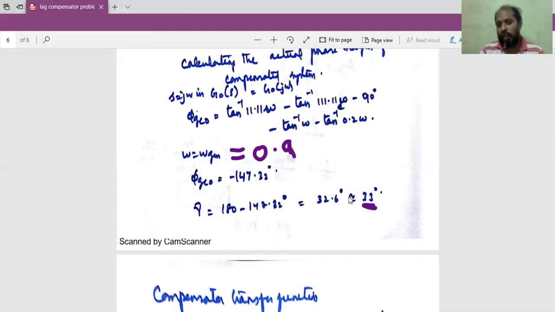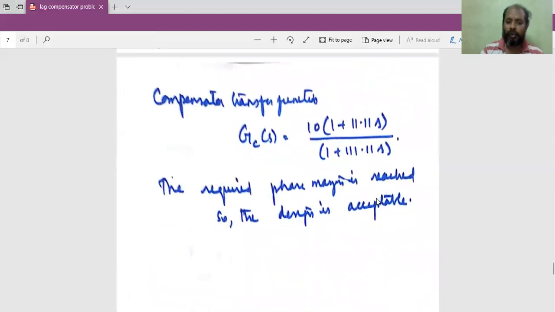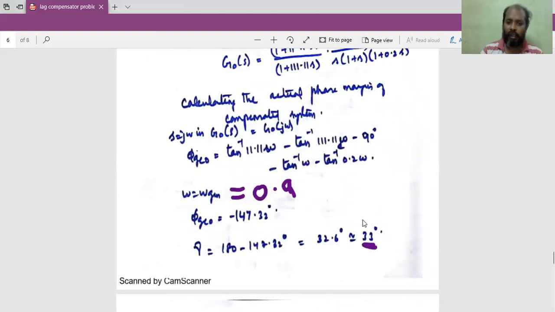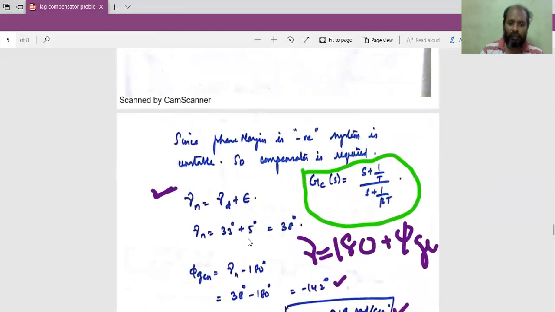Even though the time constant is found to be a little higher, which makes your response a little sluggish, you are able to reach the gamma value specified, which is 33. Even if you want to improve that, to reduce your time constant, what you have to do, again you have to add another 5 degrees here, so it becomes 10 degrees here.